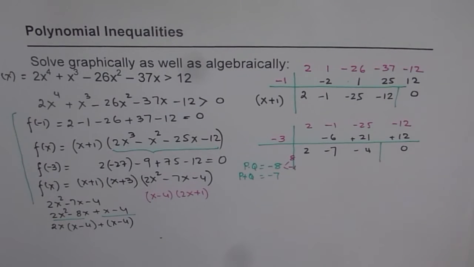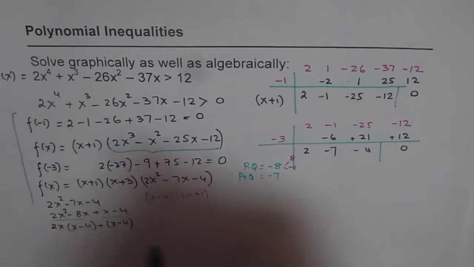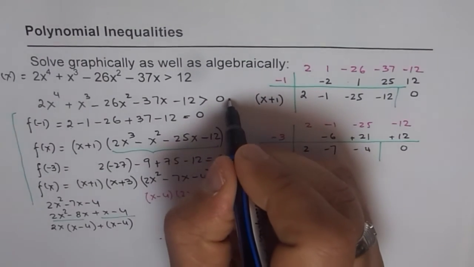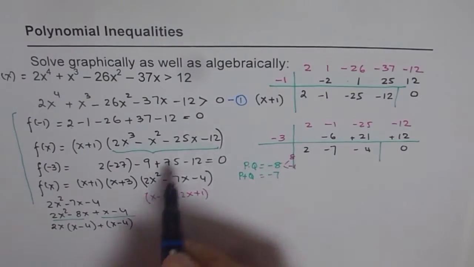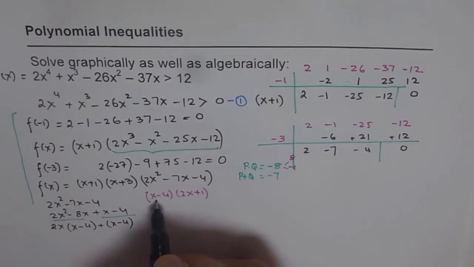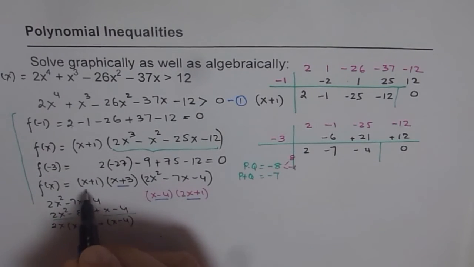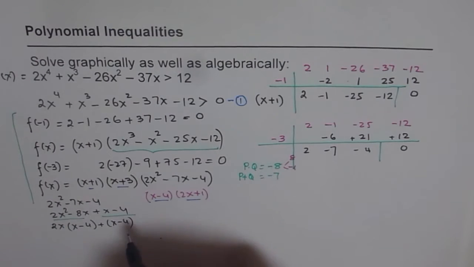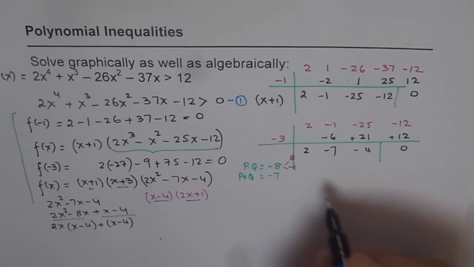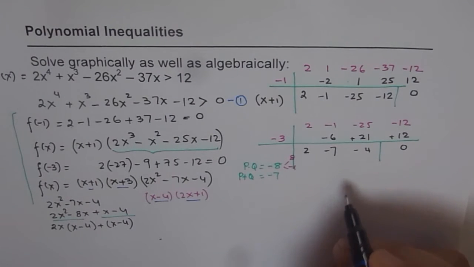So after doing all this, we get our function. And let me write down our function clearly now, this time in a different ink, so that things don't really get mixed up. So I'm now going from, so this is the equation where we left, right? Equation 1. Now this equation 1, we are putting all the factors which we have got. So these are the factors which you multiply to get that equation, correct? So I'm using all these factors here and writing down the equation given to us.